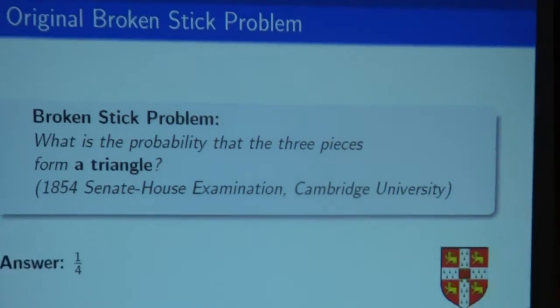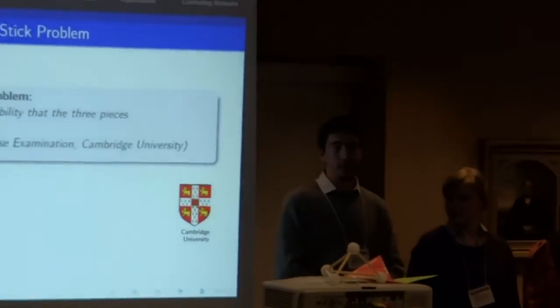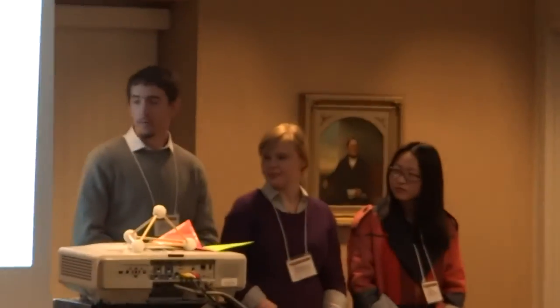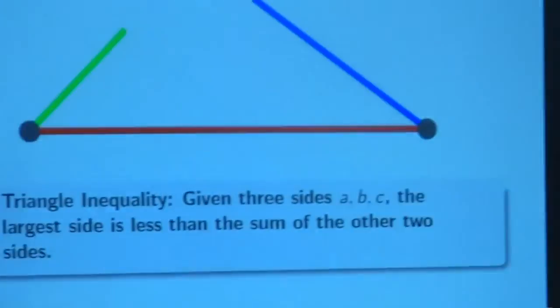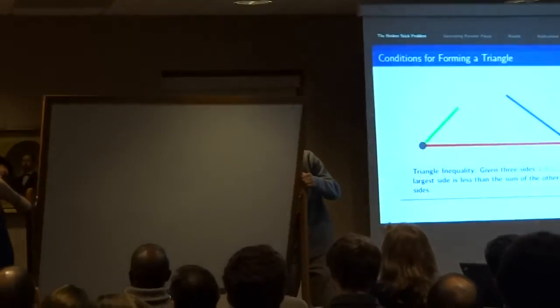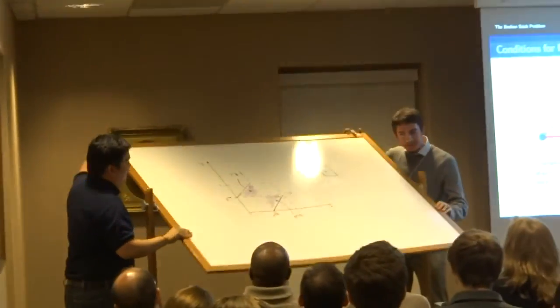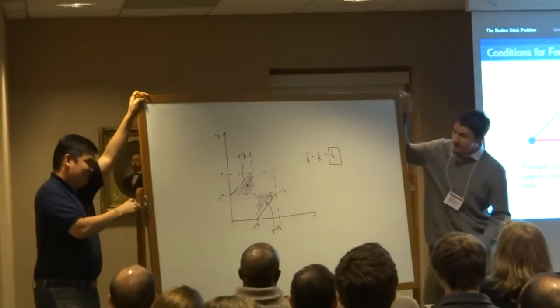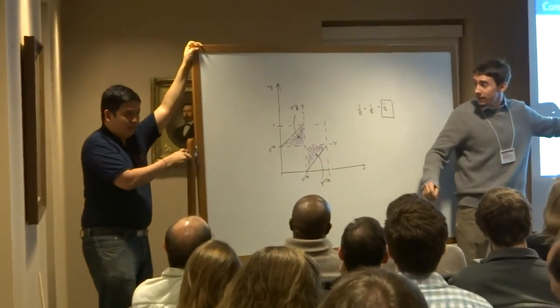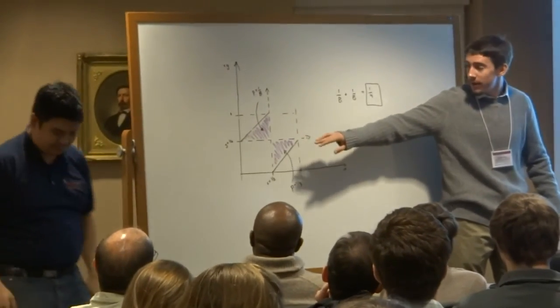So the solution to that can be derived from the triangle inequality, which we know says the lengths of the 2 shorter sides of a triangle must be greater than or equal to the length of the largest side of the triangle. We can imagine x and y, which are the points on the stick, being points in a coordinate plane.